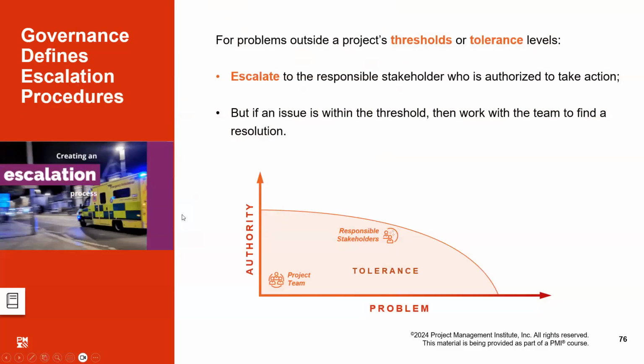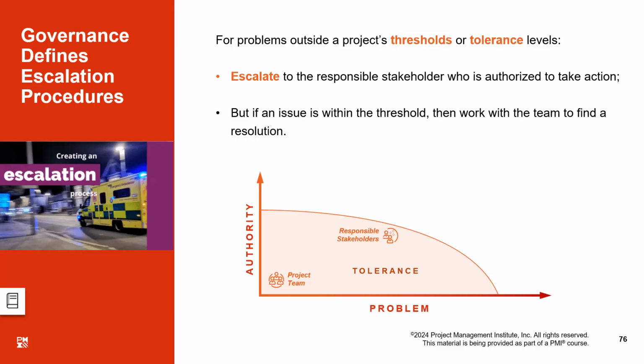Now a little bit about how the governance defines escalation procedures. What is to be escalated to the governance level? Basically, if you look at the problem and the authority, if the problem is simple to understand and within the authority of the team, naturally, the project management team can make their own decisions.